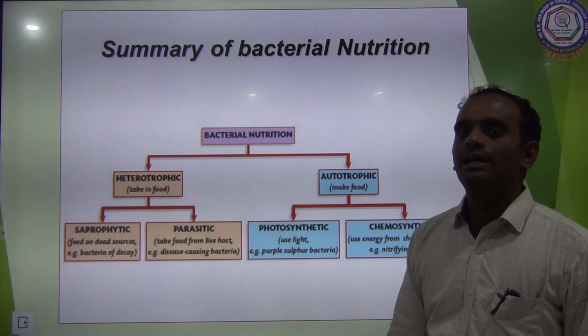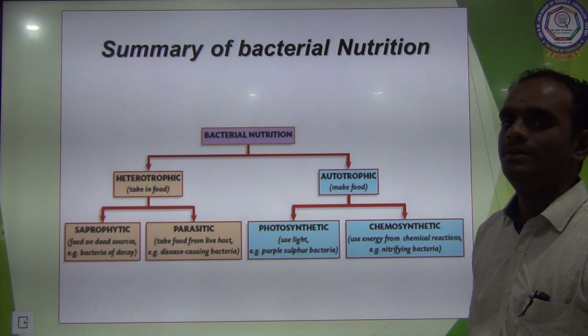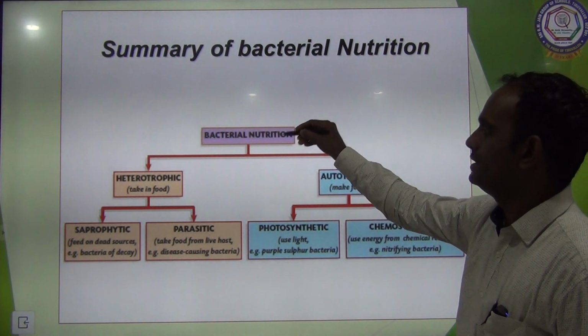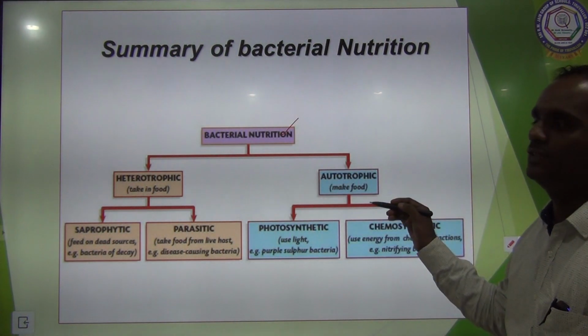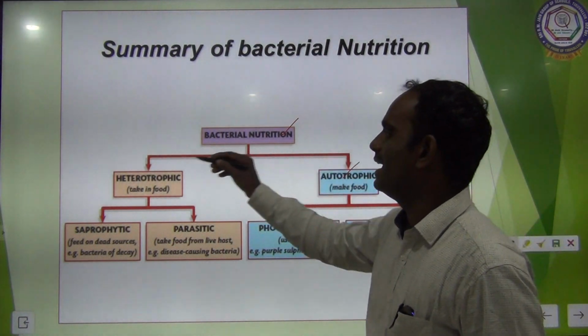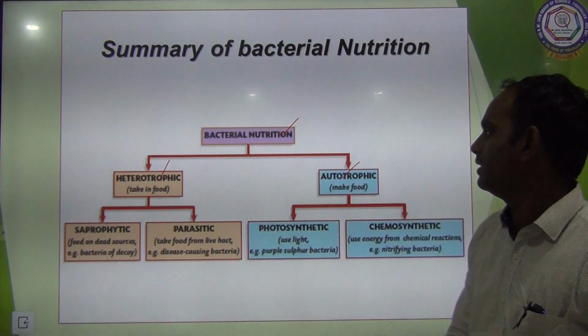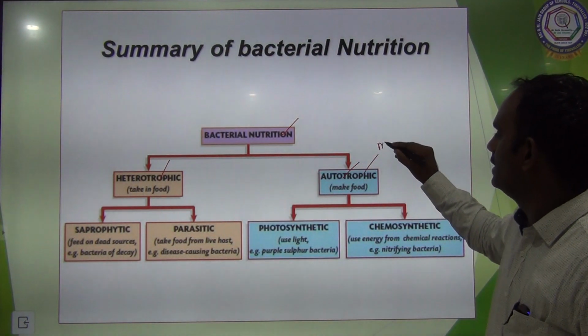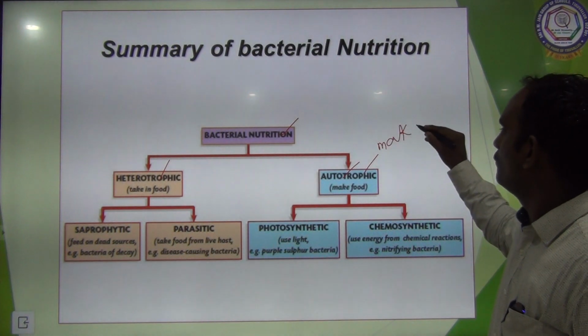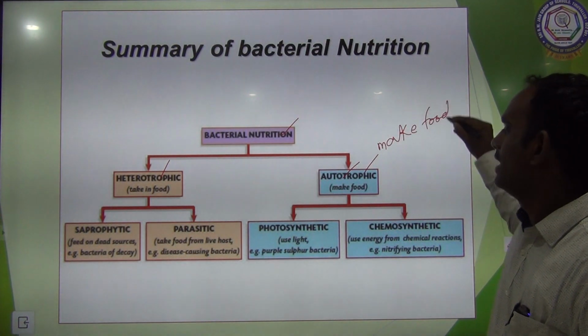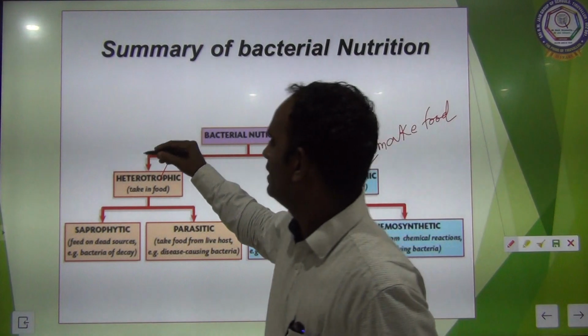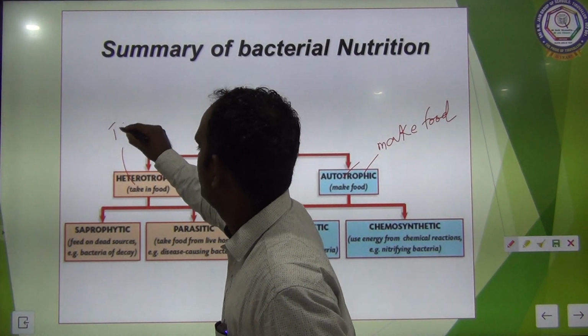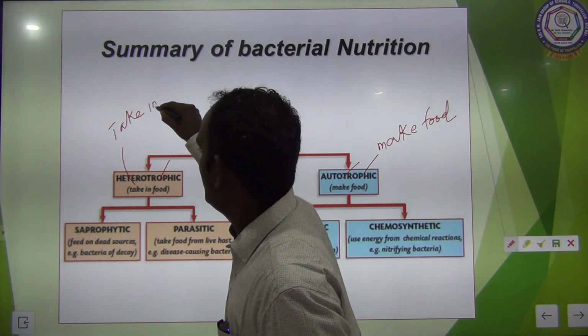See, children, this is a summary of bacterial nutrition. The major classification is autotrophic and heterotrophic. Autotrophic means make food. Heterotrophic, easy to remember, means take in food.